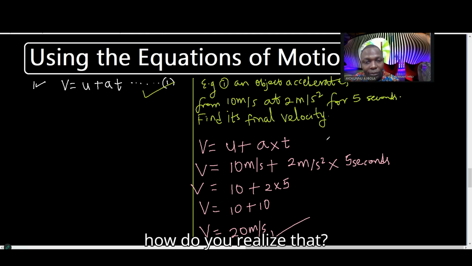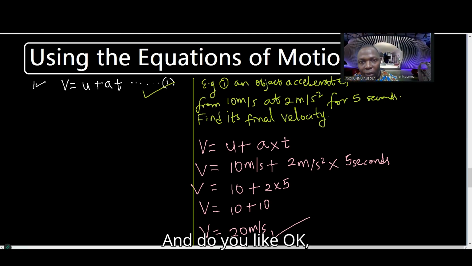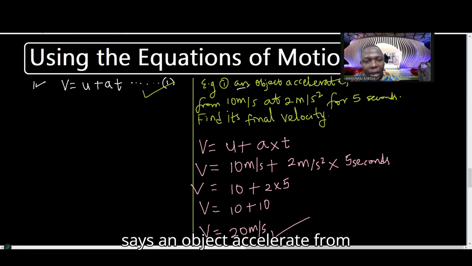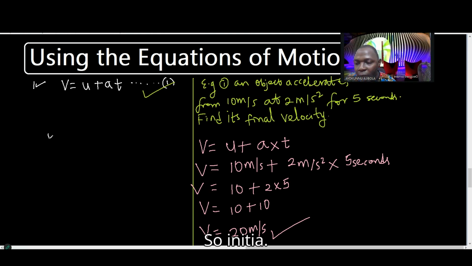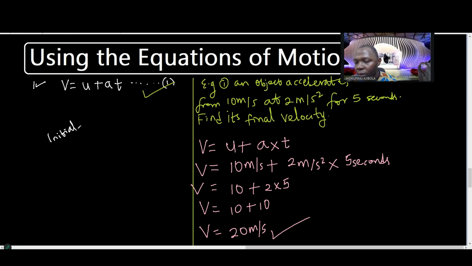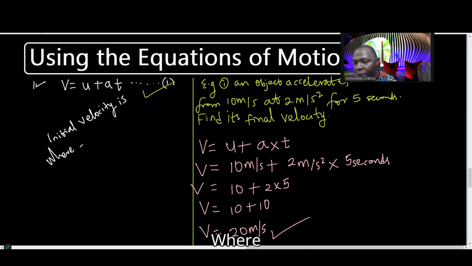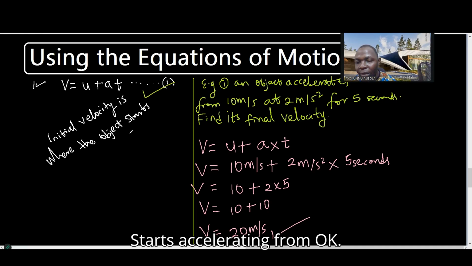How do you know that it's 10 and how do you know that it's 2? Okay. Now look at this. It says an object accelerates from somewhere. So initial velocity is where the object starts accelerating from, okay?